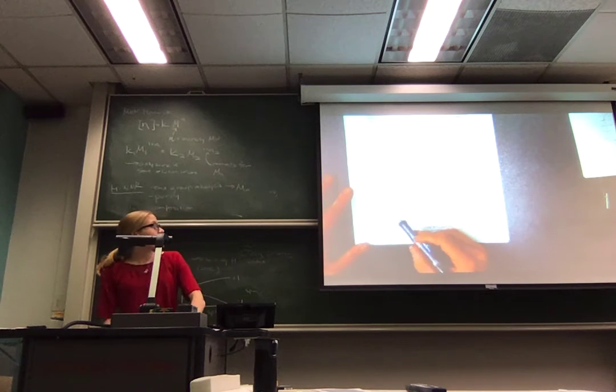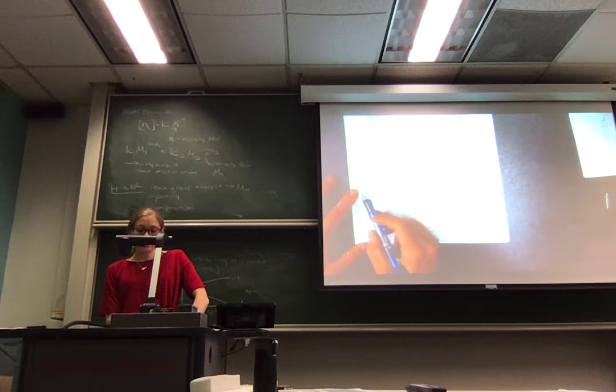So basically, if it has something more electron withdrawing next to it, it's going to be more deshielded and at higher numbers.